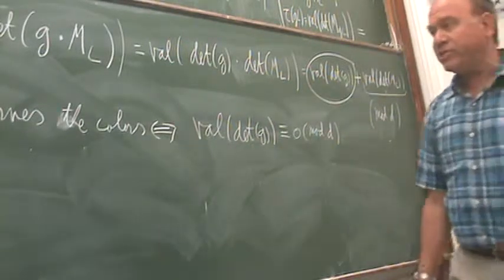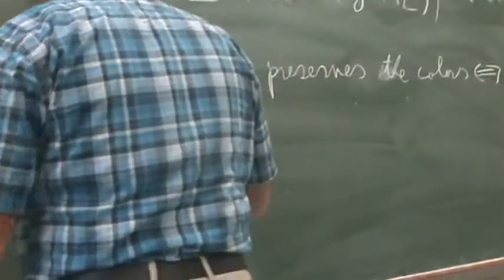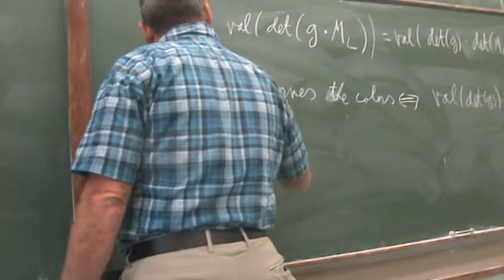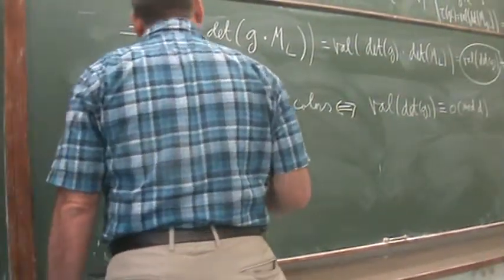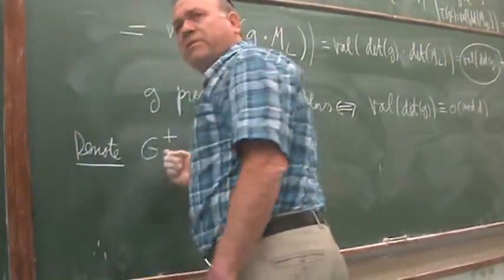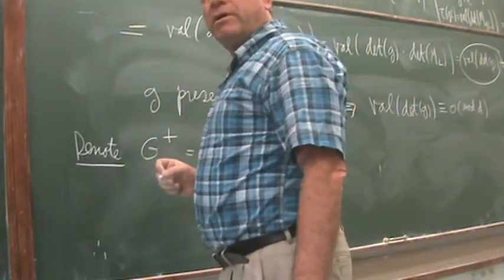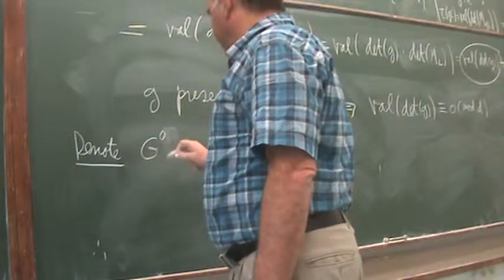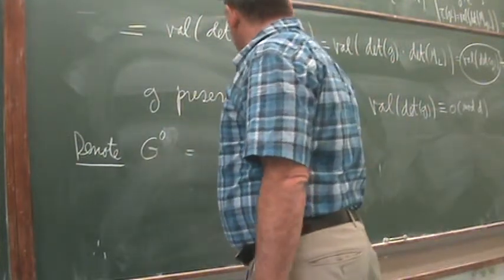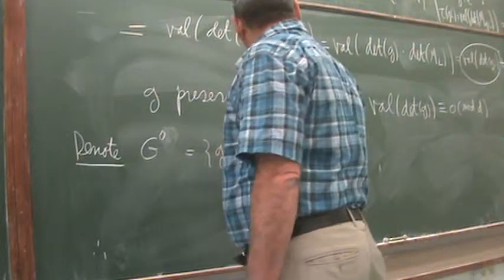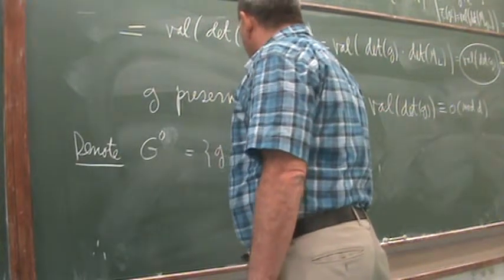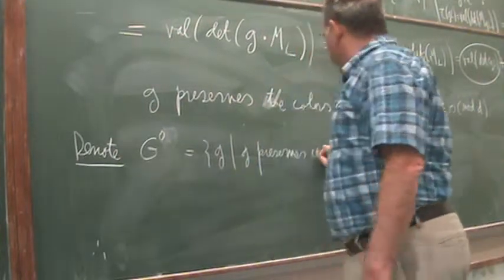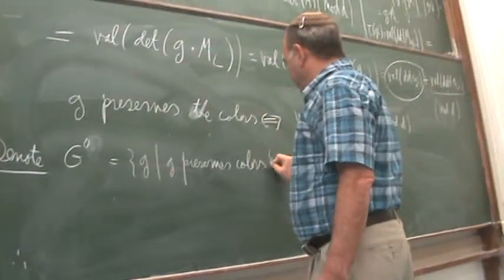So I can just denote G0 (I don't know if this is the standard notation) to be all G such that G preserves colors.